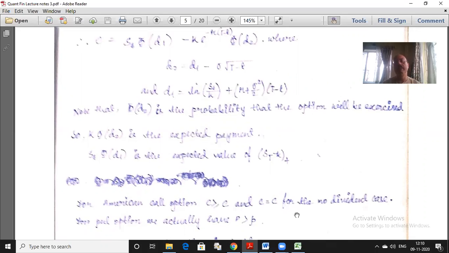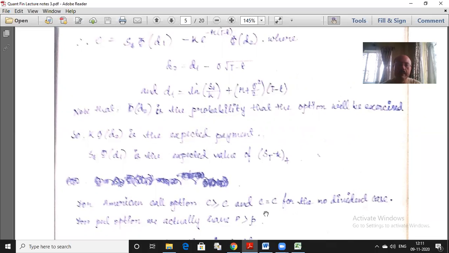But we have already argued earlier in the discrete setup that if there are no dividends during the lifetime of the call option, then it is never optimal to exercise early. So I will actually wait till the last date, till expiry. So effectively, the value of the American call option will be the same as the European. If the value is the same, then the price will also be the same. And then for the no dividend case, capital C and small c will be equal.